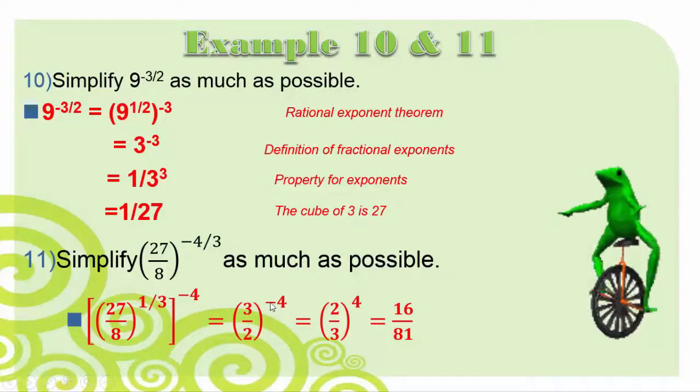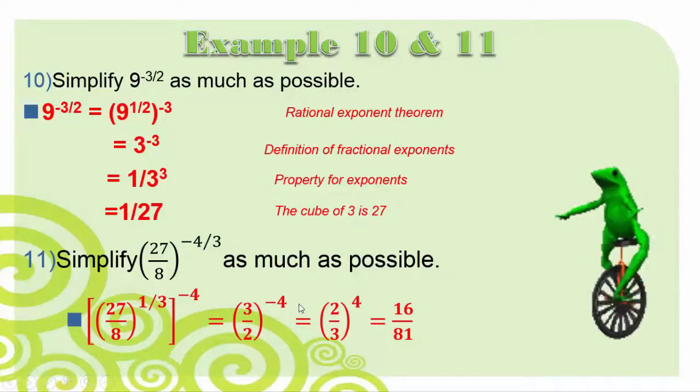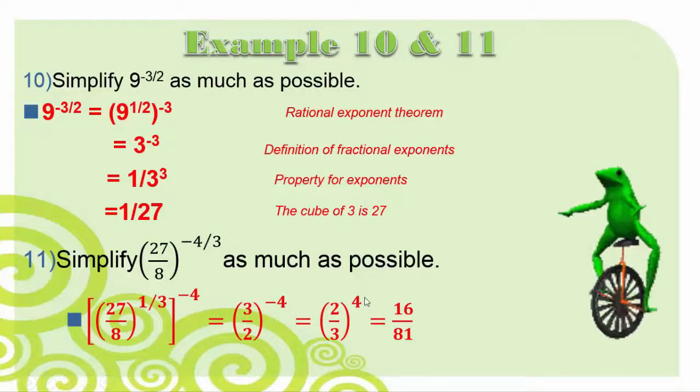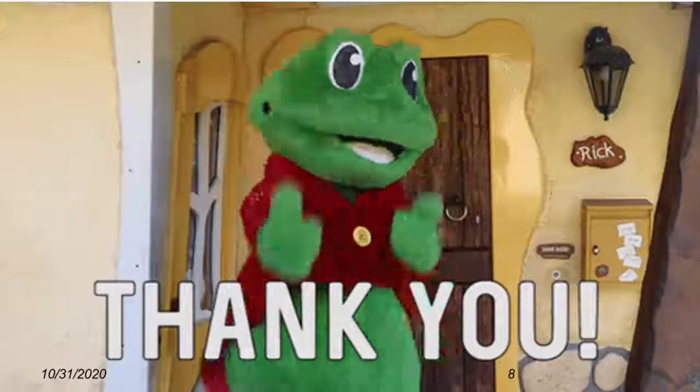Now we have the negative 4, and again we use our exponent rules. So we turn it upside down, and 3 over 2 to the negative 4 becomes 2 over 3 to the positive 4. And 2 to the 4th power is 16, and 3 to the 4th power is 81, and that is our final answer.